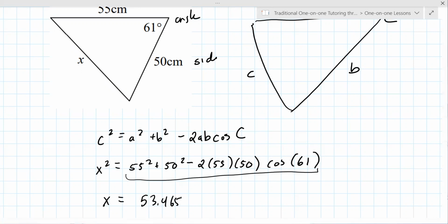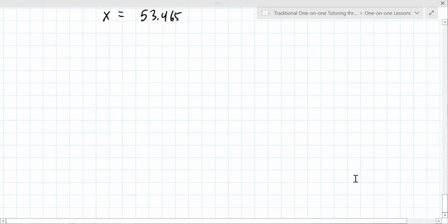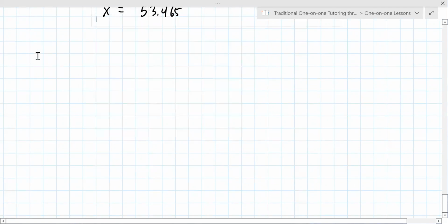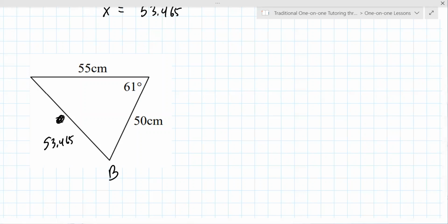Got it. So let me grab the triangle again here. Okay, so we now found that this side is 53.465. We used law of cosines. So let's say I wanted you to find B. How would you find angle B? I would do law of sines.